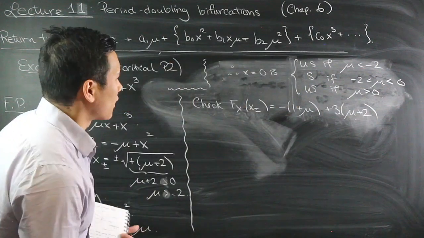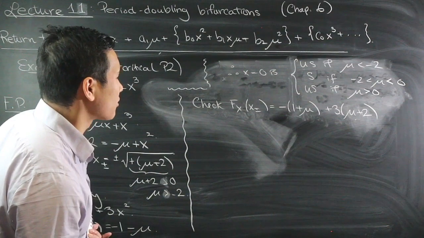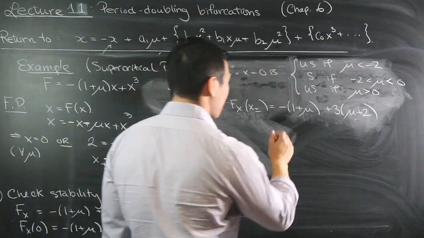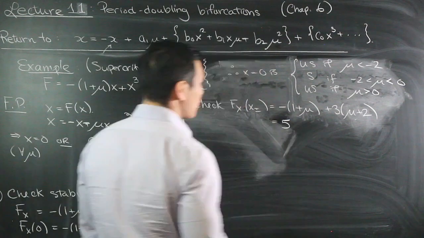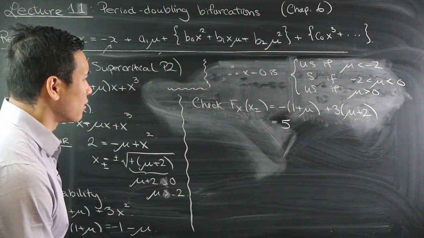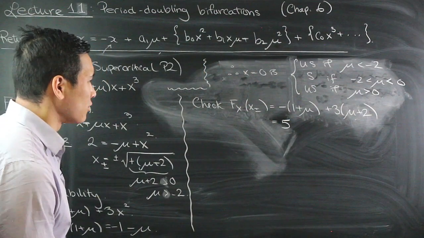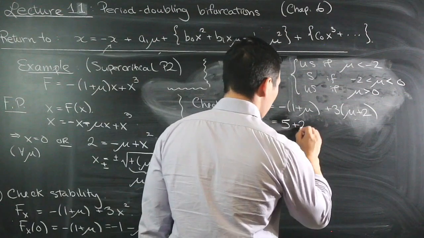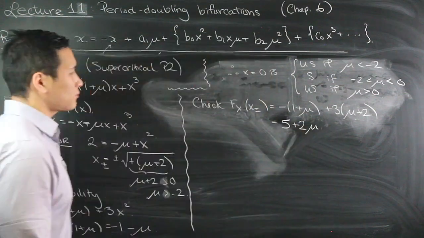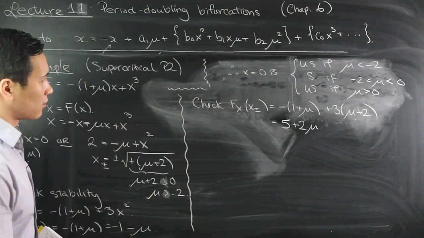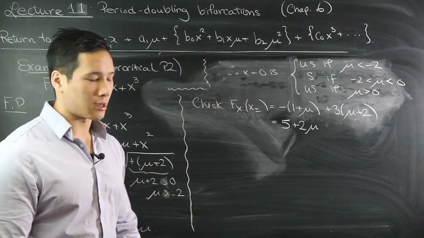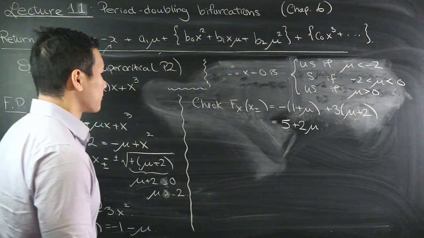All right, so what do we have? We've got a -1 plus a 6. That's 5, I think. And then I've got a minus mu plus a 3 mu, so that looks like a 2 mu. Okay, and then again, you just check when that is between -1 and 1.